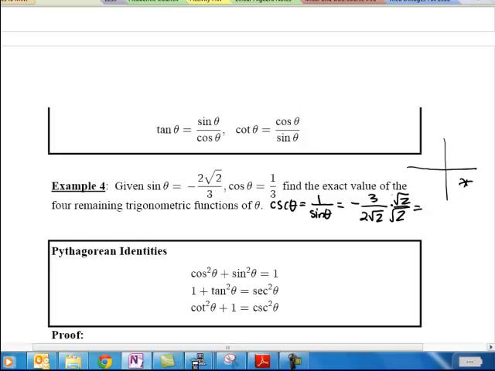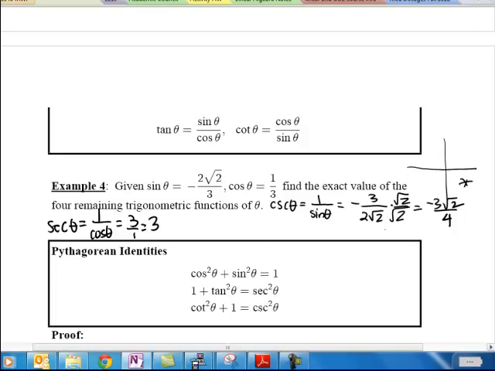So we'll have negative 3 times the square root of 2 over 4. And secant would be the reciprocal of cosine. So in this case, that's 3 over 1, or just 3.